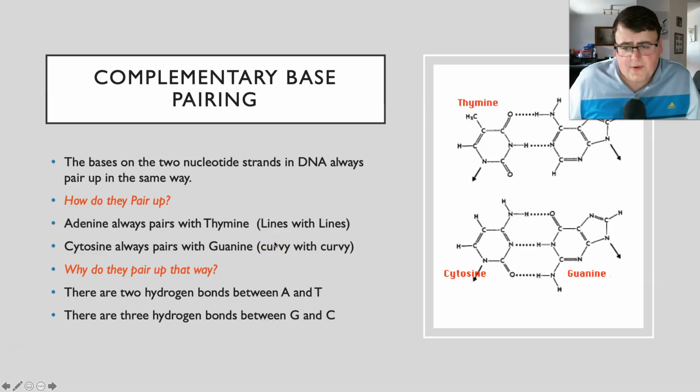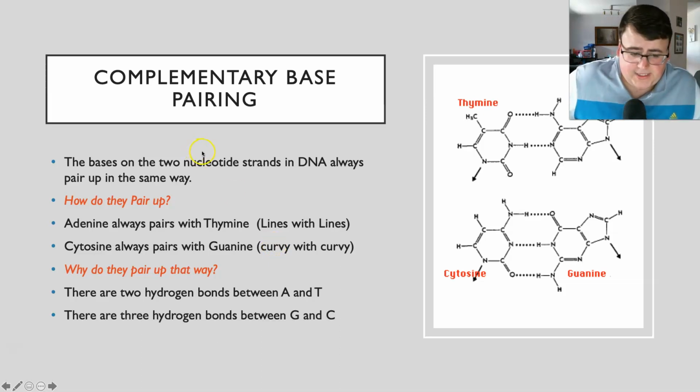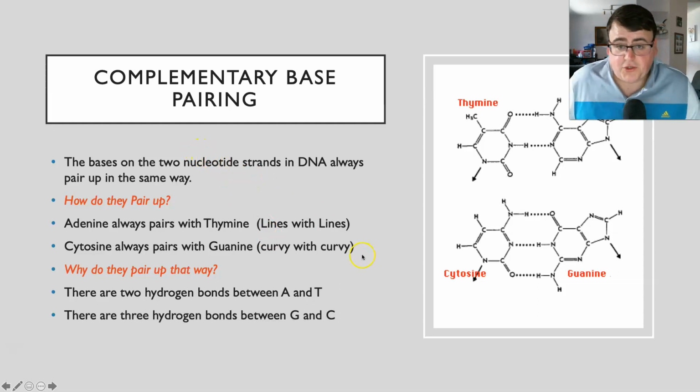Why do they pair up that way? This won't be in tests and exams, but it's useful information to provide in tests and exams to help show your understanding. The reason that adenine and thymine go together is because they both have space for 2 hydrogen bonds. Cytosine and guanine go together because they have space for 3 hydrogen bonds.